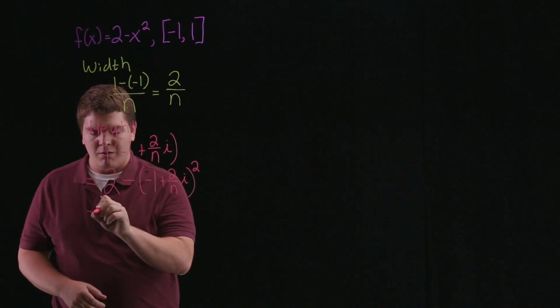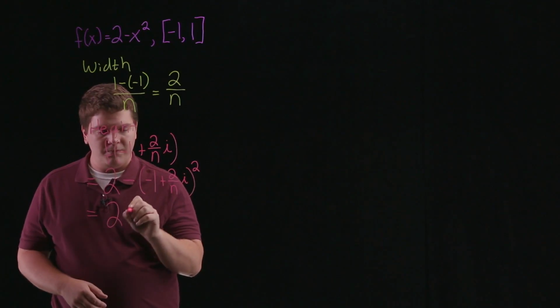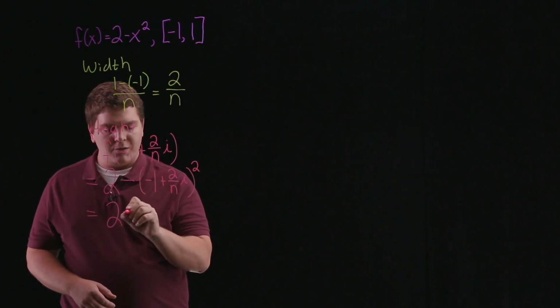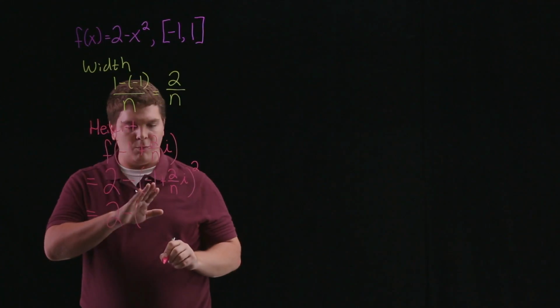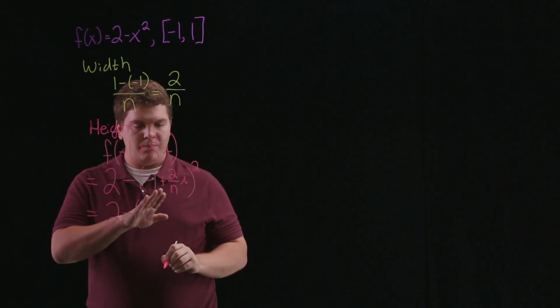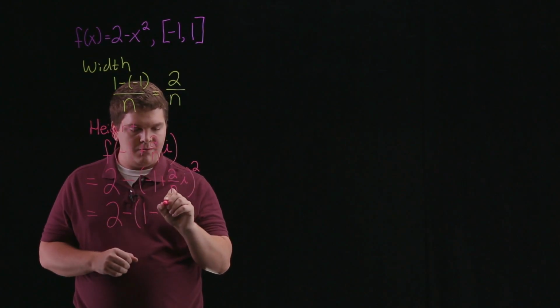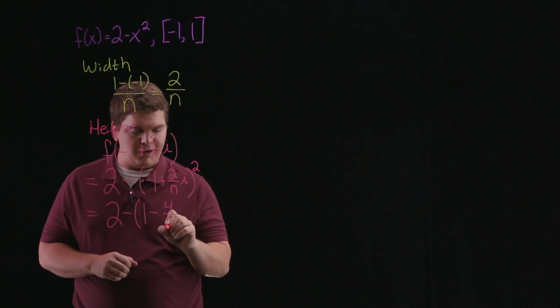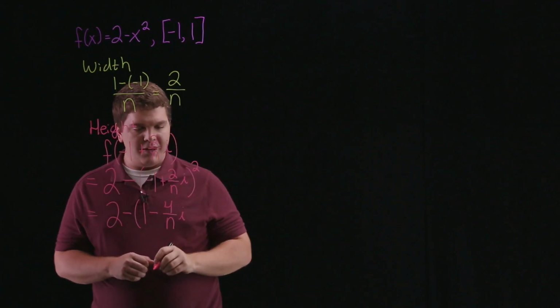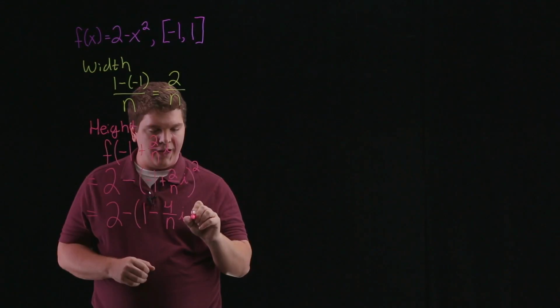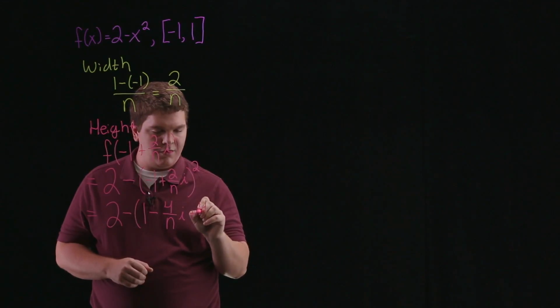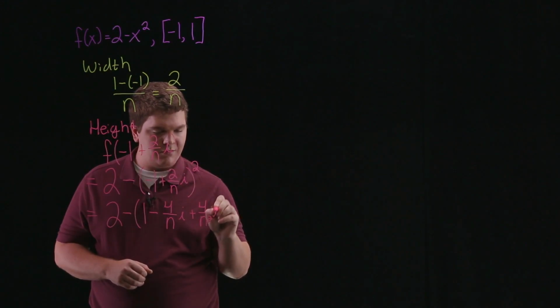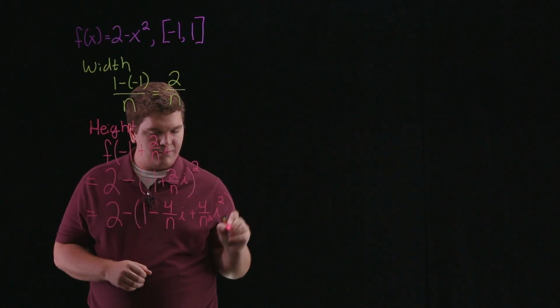So this is going to be 2. We can expand this, so we'll be subtracting 1 minus 4 divided by n times i, and finally, we'll be adding 4 divided by n squared times i squared.